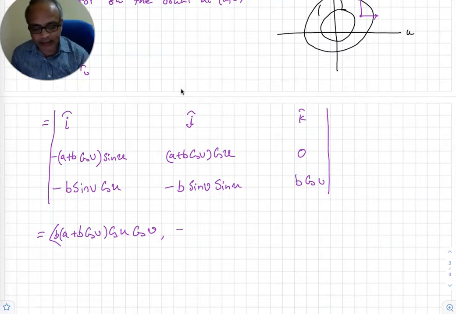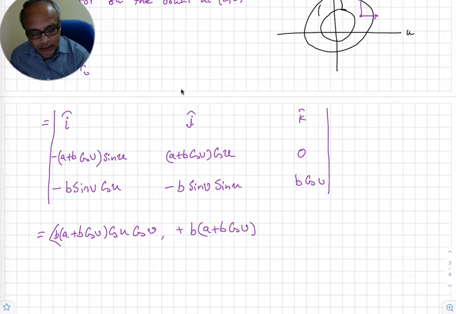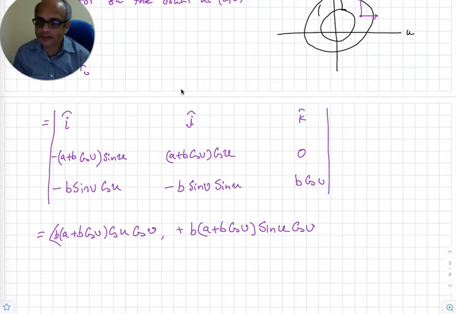Then we calculate the cofactor. That will be this term times this term. Here is the minus sign, so the minus minus will be plus b times sin u cos v. And this minus this term times 0 is 0, so we don't need that.